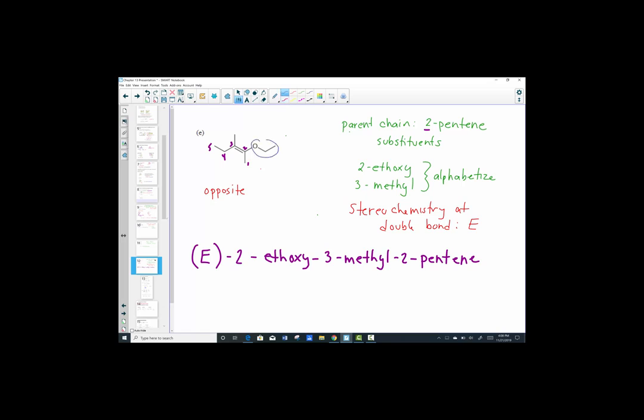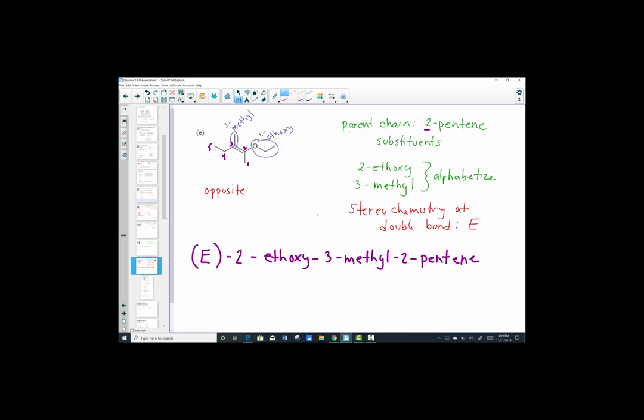One was this substituent known as ethoxy. And here, this is known as methyl. So at carbon 2, there was an ethoxy, and at carbon 3, there was a methyl group. So we needed to alphabetize the 2 substituents. Ethoxy comes before methyl in the alphabet. So we're looking at 2-ethoxy, 3-methyl, 2-pentene, putting all those together.